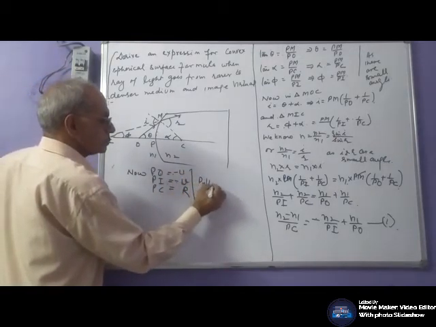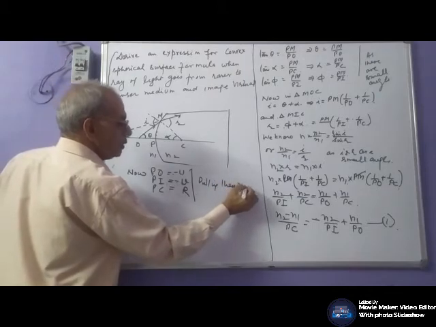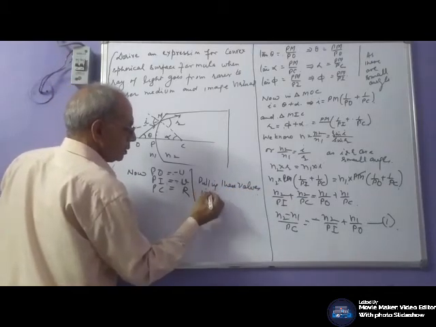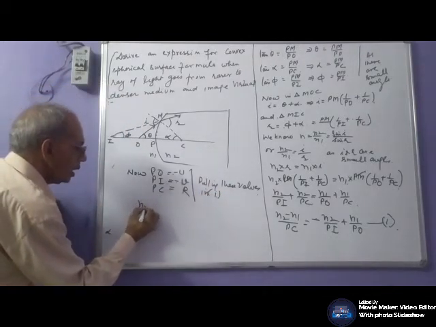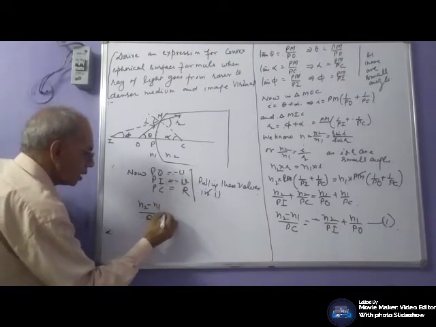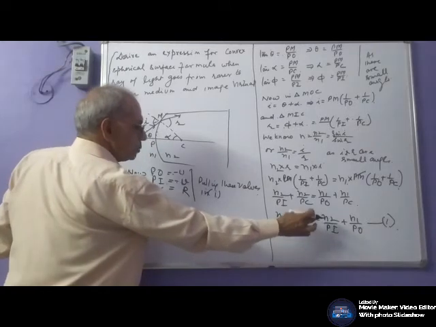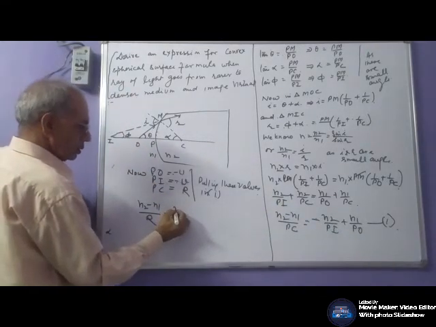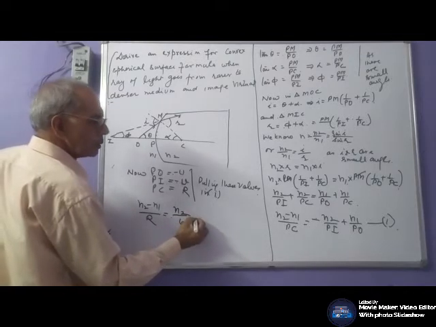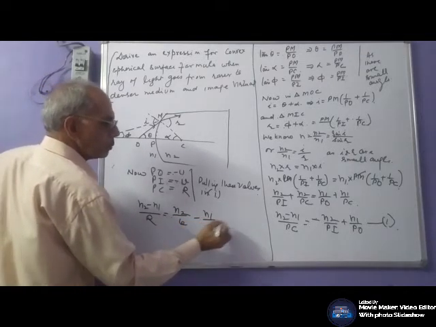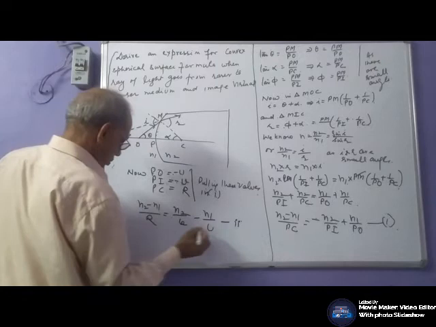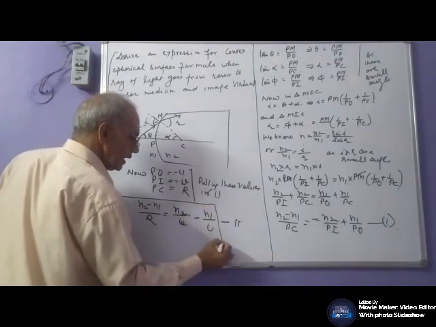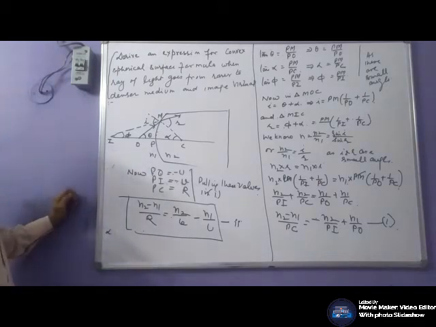Putting these values in first: N2 minus N1 by R equals N2 by V minus N1 by U. So the spherical surface formula is same whether image is real or virtual in convex spherical surface.